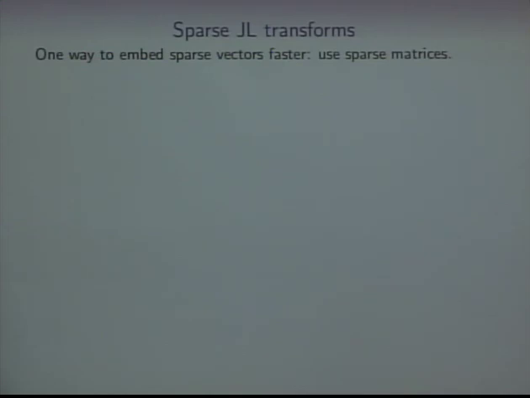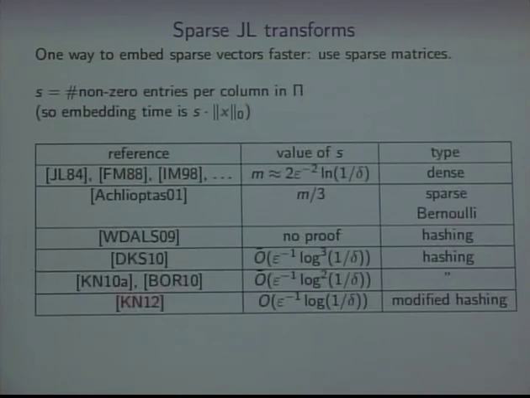Okay. So one way to embed sparse vectors faster is to use sparse matrices. So I said in the distributional JL lemma, you pick a random matrix from some distribution and show it works. So pick a distribution that's supported on sparse matrices. And what do we show in the work with Daniel Kane? So let s be the number of non-zero entries in the embedding matrix that you get out of the distributional JL lemma.